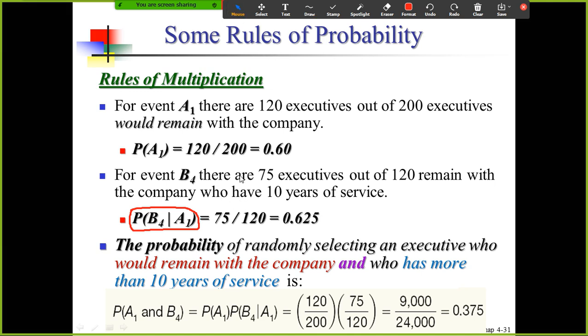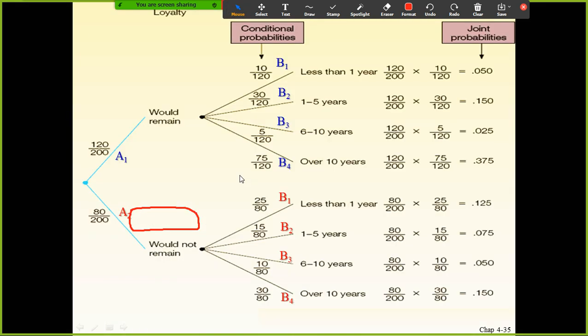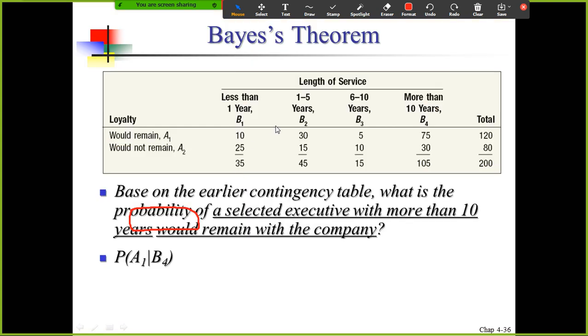How about this one? Is it conditional probability? No, because A is the first event and then B, right? So conditional should be B affected from A, but in this one A is affected from B. So this is not conditional probability, but we call it posterior probability.